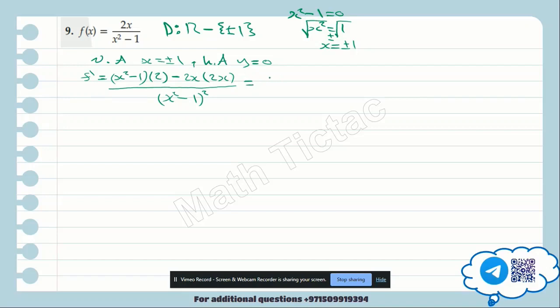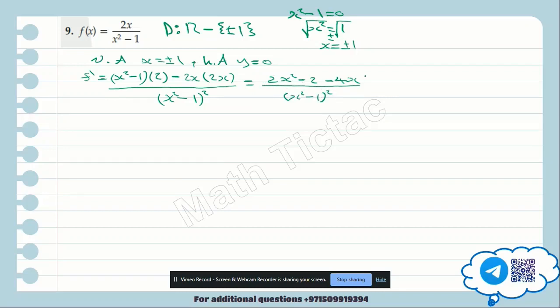So this is 2x squared minus 2 after entering the 2 over here, and from here minus 2x multiplied by 2x, which is minus 4x squared, over x squared minus 1, all squared.